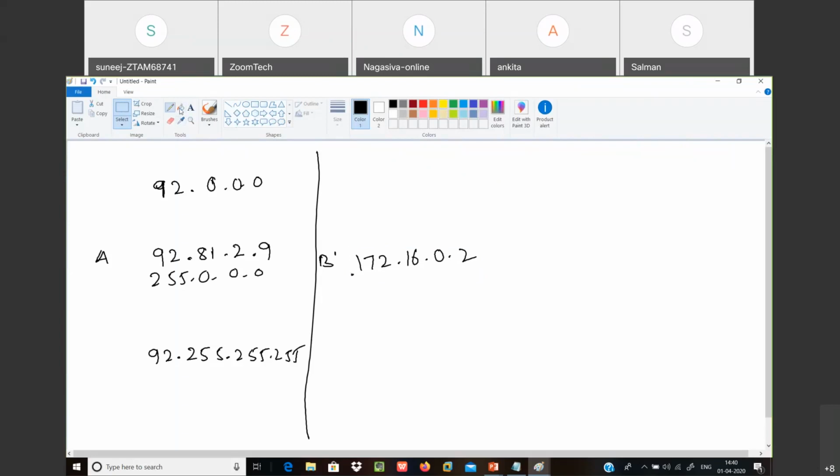We clearly discussed it today, right? For class B, the network ID is 172.16.0.0. Zeros in the host portion is the network ID. Broadcast ID, guys. 172.16.255.255. Subnet mask. 255.255.0.0 is the subnet mask. Correct.